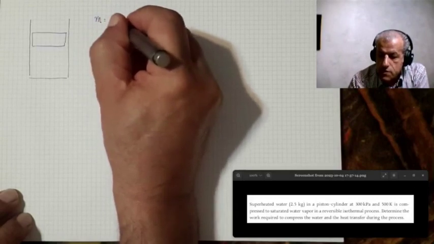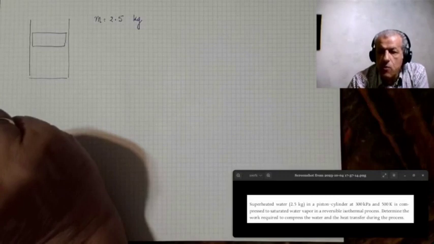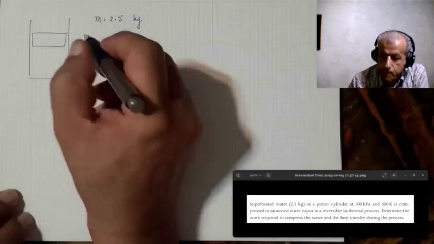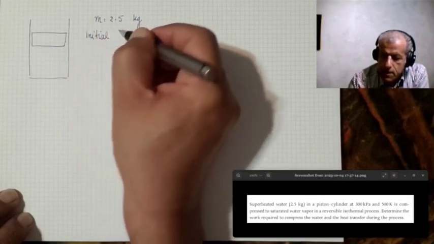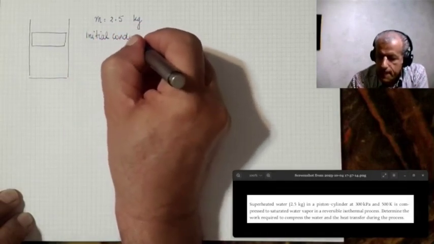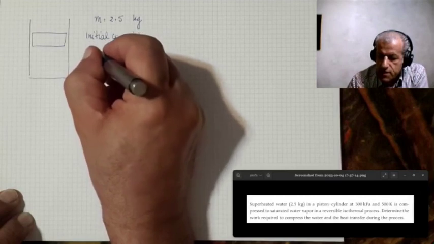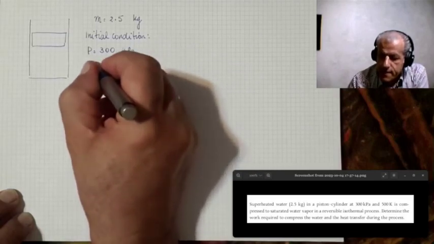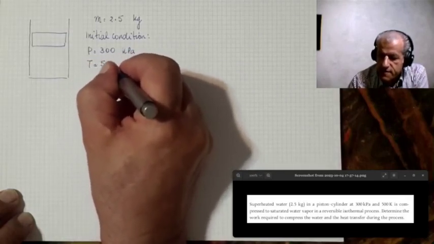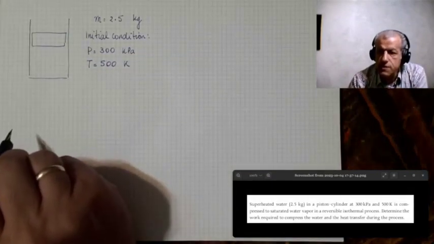M equals 2.5 kilograms. That is the mass of water. And then the initial condition of water: pressure is 300 kilopascals and temperature is 500 Kelvin. These are our initial conditions.